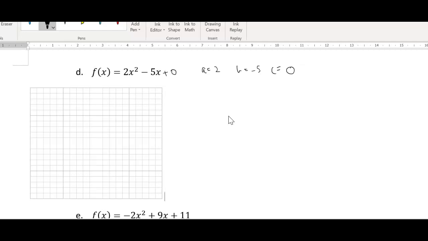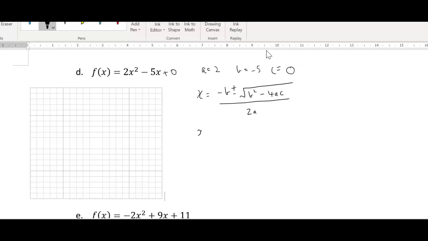Now your discriminant, if you wanted to quickly do that, you can, but I'm just going to go straight into the quadratic formula. So x equals, I do have it in front of me, but I'm going to write it down for you. It's always a good idea to write the formula just to get it stuck in your head.